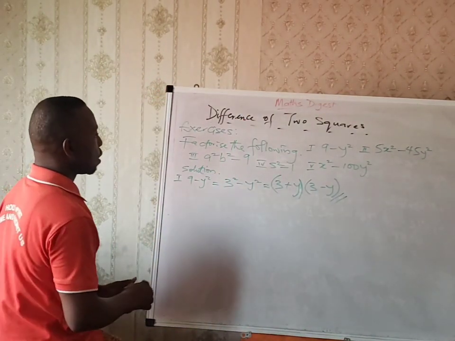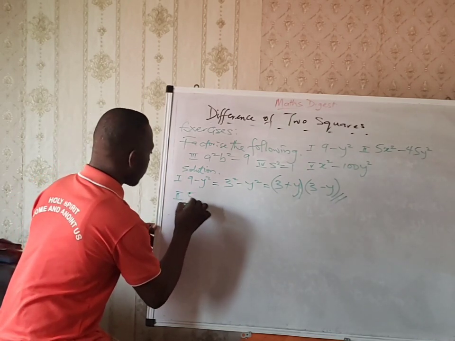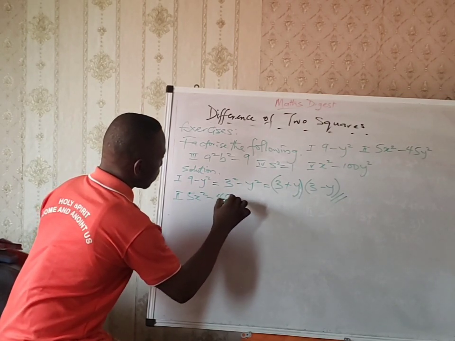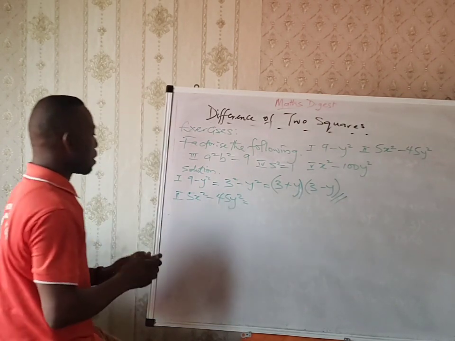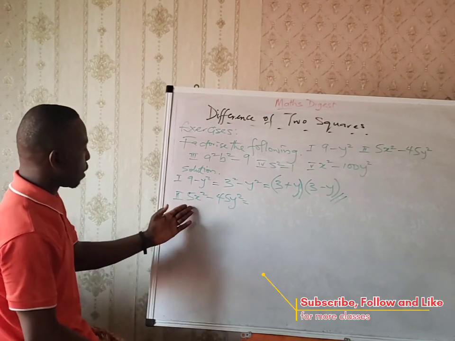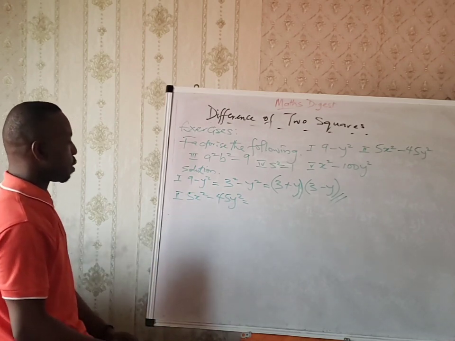Then the second one says 5x squared minus 45y squared. If you look at this, the second one is not just like the first one, because here we don't have any perfect square among the numbers, but there is a way out.